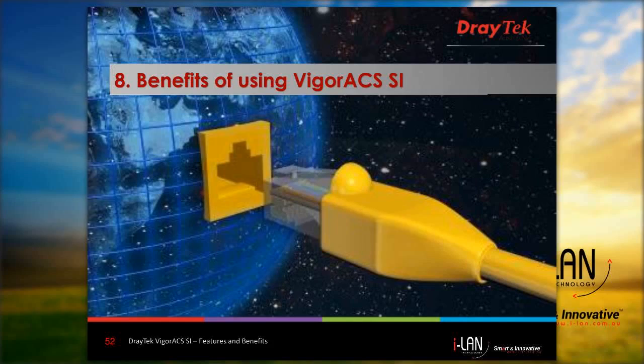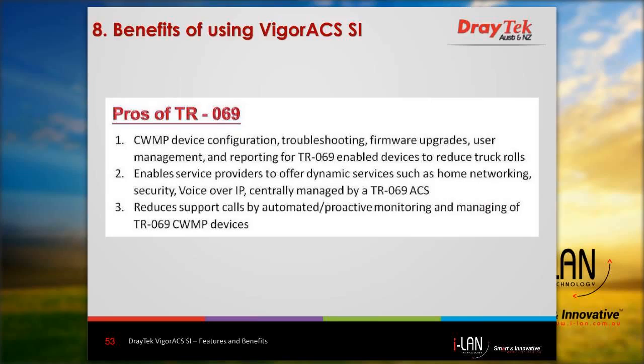Now I'll just go through some of the benefits of using ACS SI, especially if you have a very large network to manage. As I mentioned earlier, some of the features of TR069, and here we have a summary of some of the benefits of using TR069.